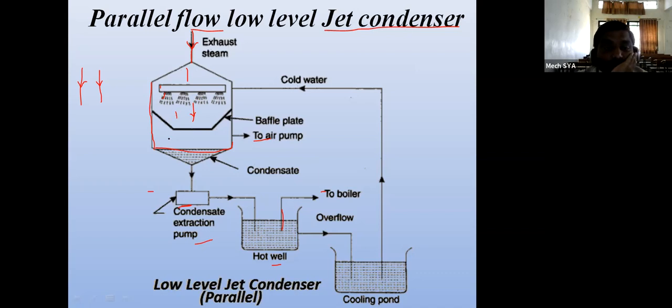Mixing takes place here. Understand? Any doubt? Why is it called parallel? There is mixing, and there is only one stream of cold water and one stream of exhaust steam. The condensate extraction pump is needed because inside the condenser there is a vacuum.